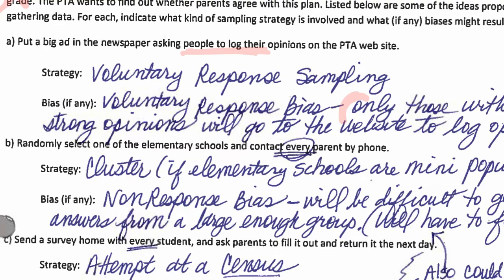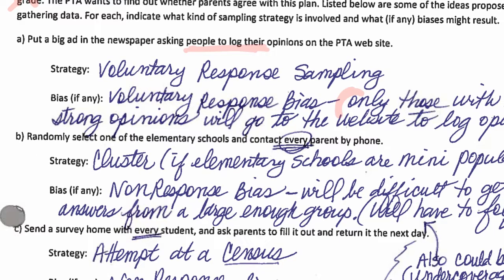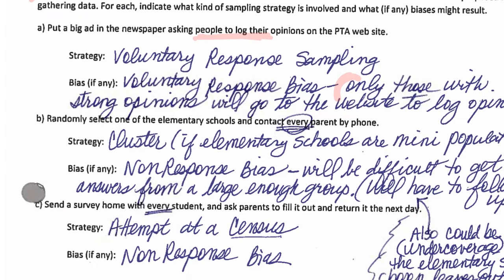Now, I could see another type of bias associated with this problem. So who else came up with another type of bias? Yes, Callie, what did you come up with? If it limits to people with internet, I think that would be more called undercoverage, because you're not getting all people.